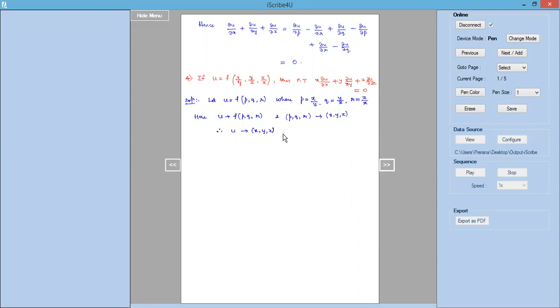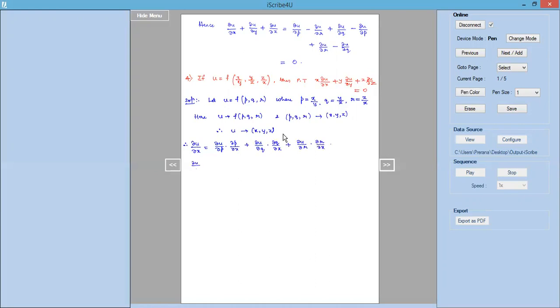So let us write down the formula. Therefore, ∂u/∂x is equal to ∂u/∂p into ∂p/∂x plus ∂u/∂q into ∂q/∂x plus ∂u/∂r into ∂r/∂x.